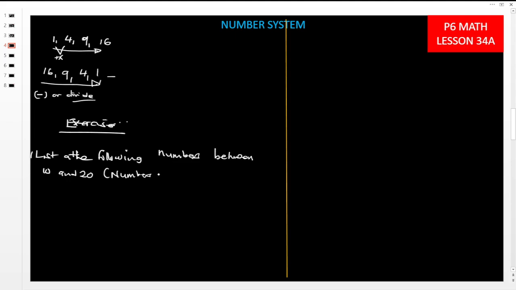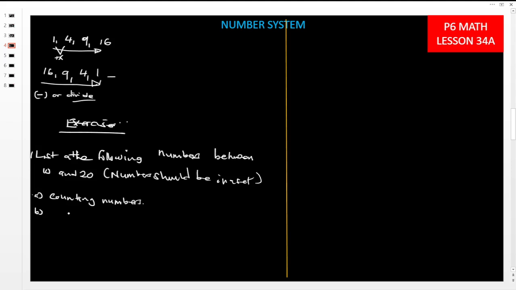Here the numbers should be listed in a set. In a set, what I mean is like 1, 2, like this one. Not doing a Venn diagram and not like that. So part A, counting numbers between 10 and 20.